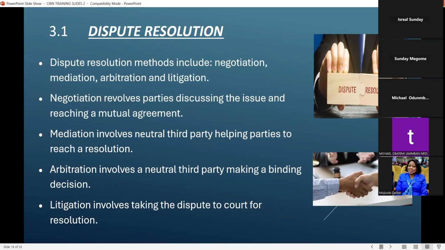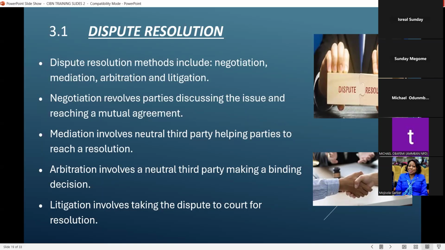At times you have to go to another filling station to confirm, or the person will come and mediate, saying, yes, I'm into the business, I'm into POS also. You now narrate what happened. So he is now using his experience as a POS terminal agent, not because this person is his brother, but because he has experience to mediate and solve that particular problem. So if resolution is made, that person has been able to successfully mediate.